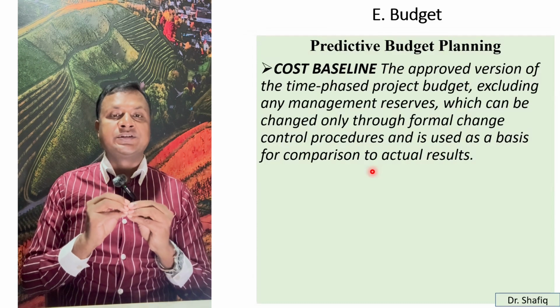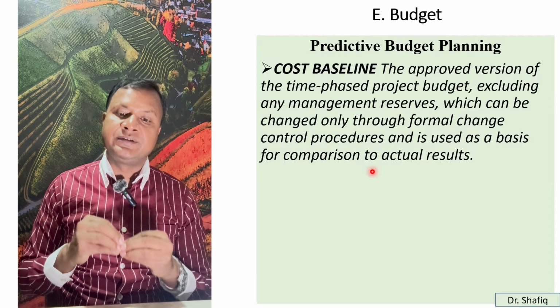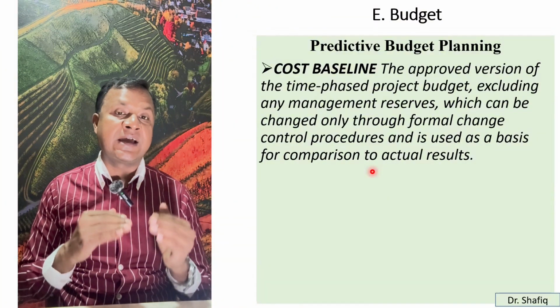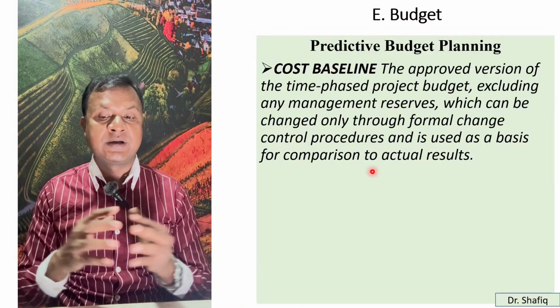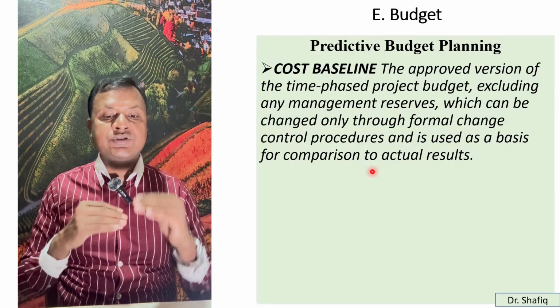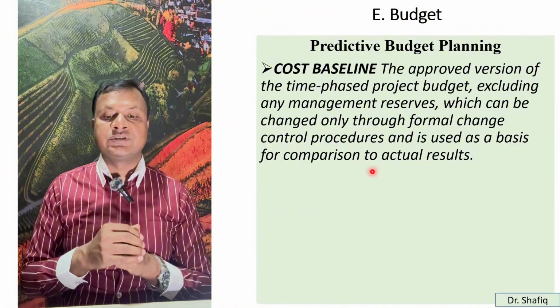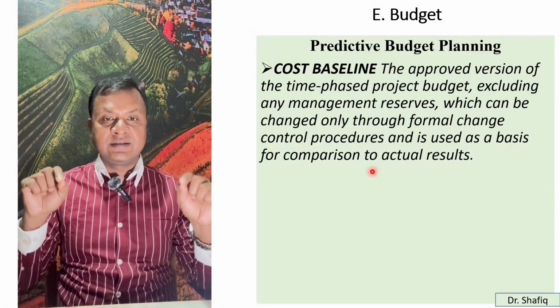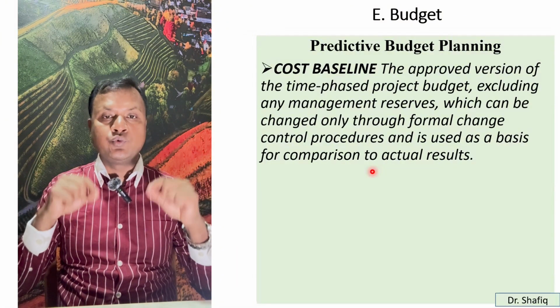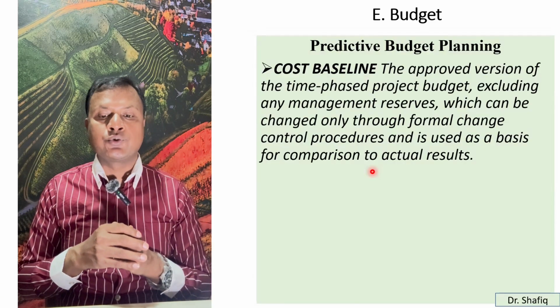So now the question is, what is cost baseline? The cost baseline is the approved version of the time-phased project budget, excluding any management reserve, which can be changed only through the formal change control process. So cost baseline is the approved version. If we want to change it, we have to go through the change control procedures.